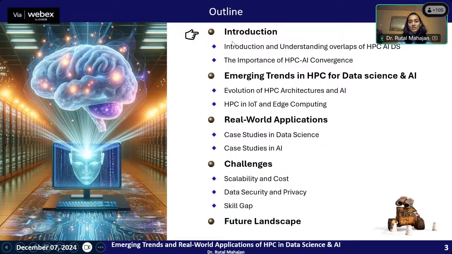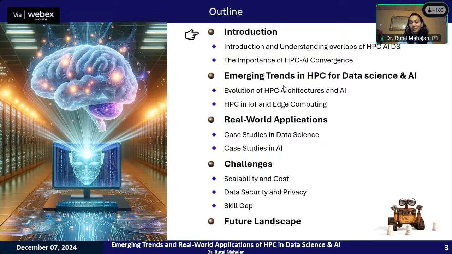First, I will discuss the introduction of the topic, understanding the overlaps of HPC, artificial intelligence and data science, then the importance of this convergence. Then I'll discuss the emerging trends in HPC, data science and AI, and the evolution of HPC architecture and AI.